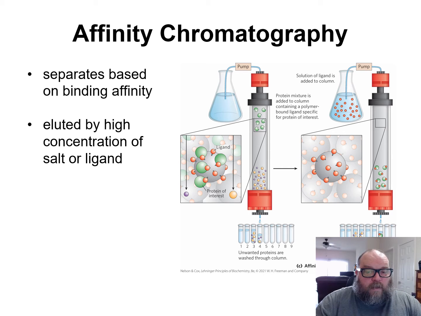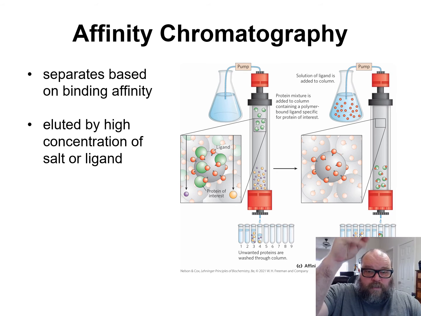Affinity chromatography is good because proteins, as long as they're in their native state, are going to want to interact with other proteins, or there's going to be some sort of a compound or some sort of organic molecule the proteins can interact with. Well, if there's a certain protein, polypeptide, oligopeptide, or some form of a molecule that your protein of interest will interact with, you just coat these microbeads with it.